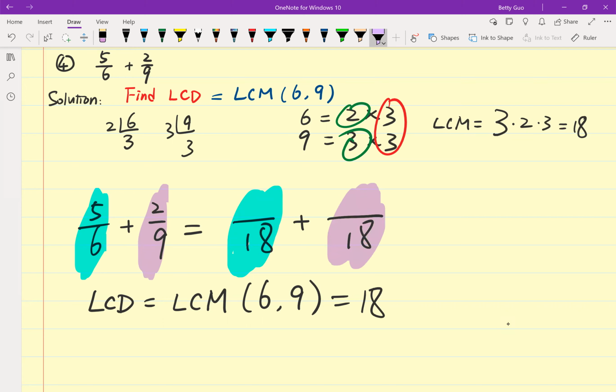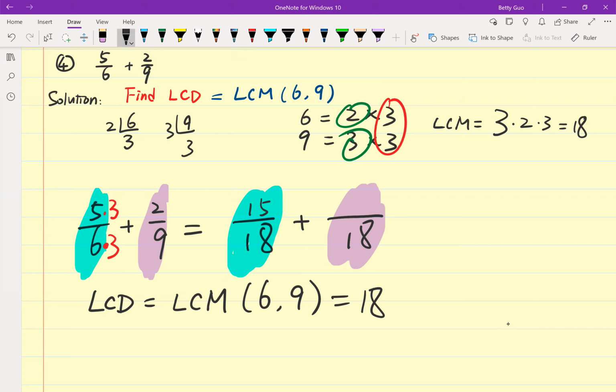The blue one from 6 to 18, which factor are we missing? Which number do we multiply by 6 to get 18? 3, right? So we're going to apply the multiplication property. We're going to multiply both top and bottom by 3. Then we would have 15 over 18.